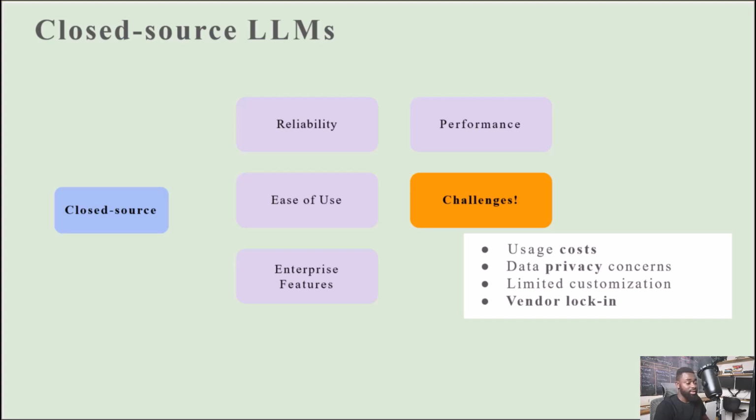It's closed, so we don't know what happens internally, and also it's vendor locked. So once you start using them, you are locked into whatever they say needs to happen, because that is something they have control over. And if you are building a large-scale application, then you are locked into whatever they decide.